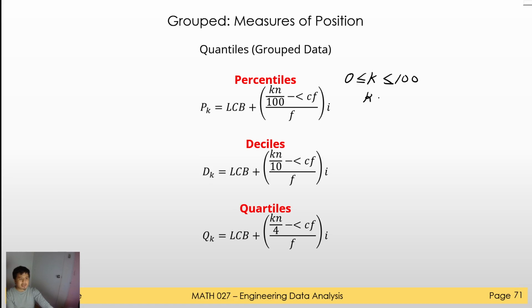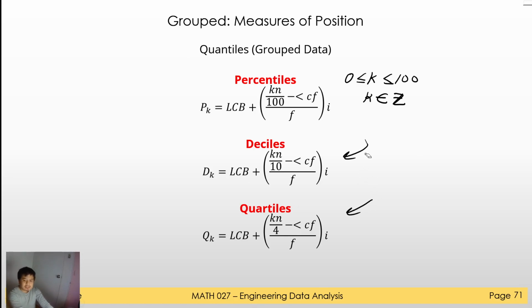So where k is an integer, we can do this as well. For quartiles, we have k between 1 and 4. So that's it, we can also find the deciles and the quartiles.